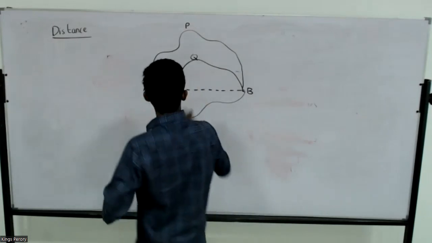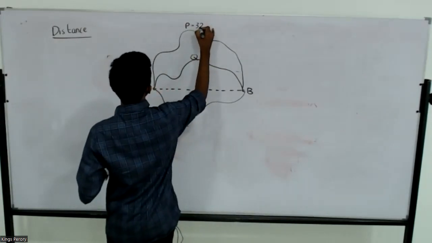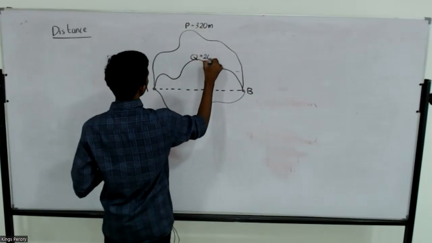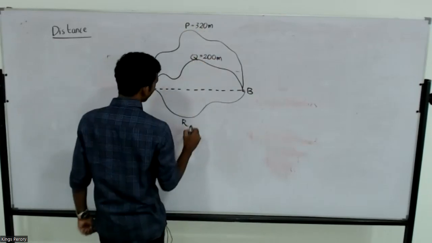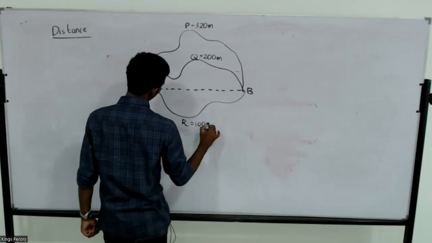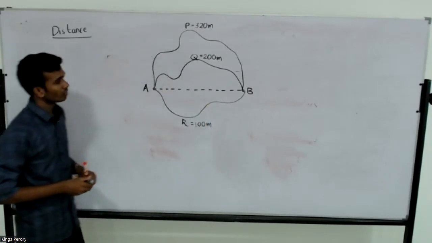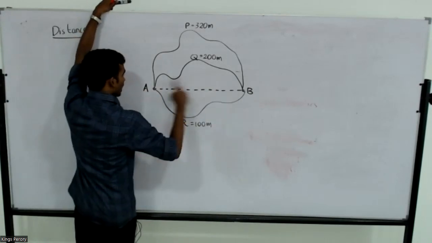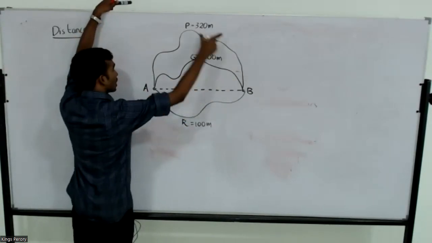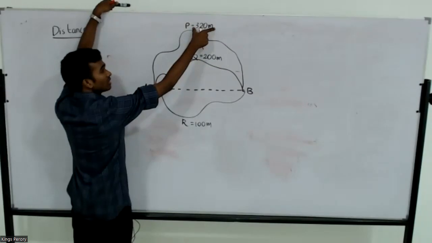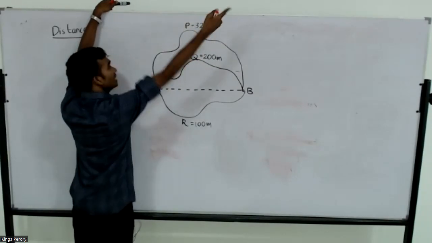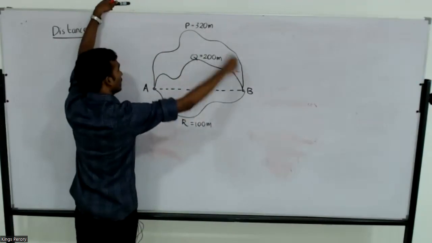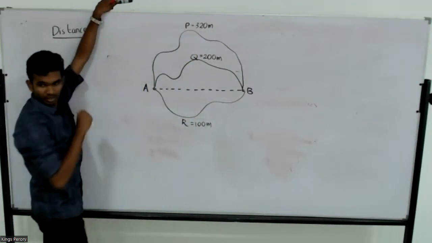Let's take P path is 320 meters long, Q path is about 200 meters long, R path is about 100 meters long. Now you can see between A and B, if you go in P path, how much length are you covering? 320 meters. Then we say the distance between A and B in path P is 320 meters.